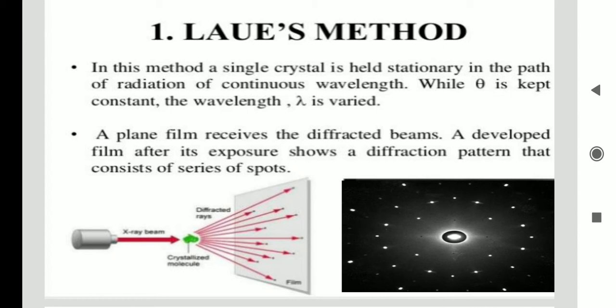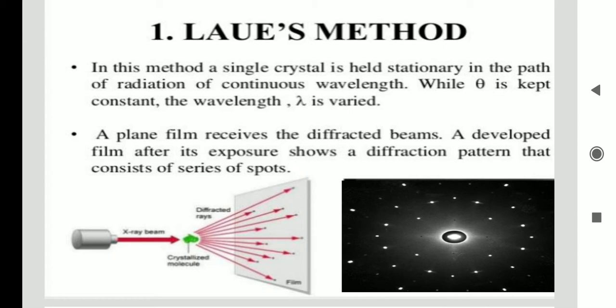While theta is kept constant, the wavelength lambda is varied. Then a plane film receives the diffracted beams. A developed film, after being exposed, shows the diffraction pattern. That is how the Laue method is constructed.